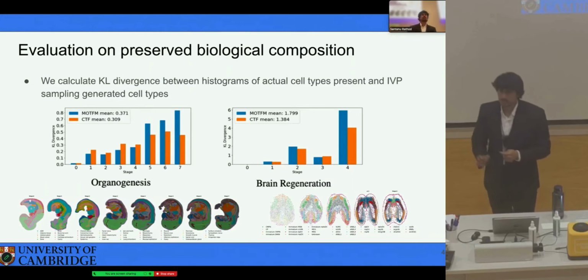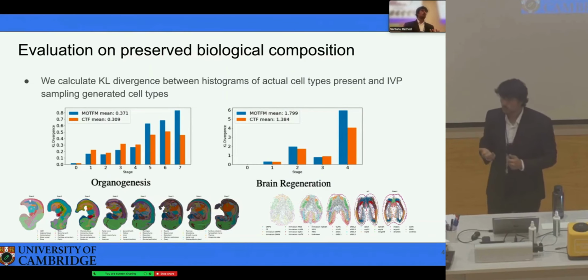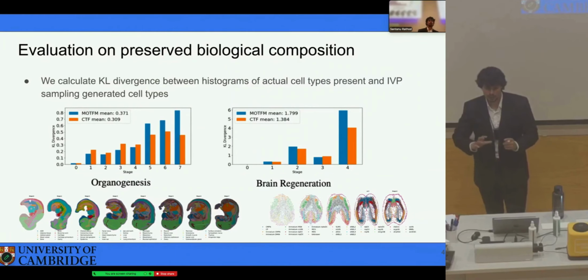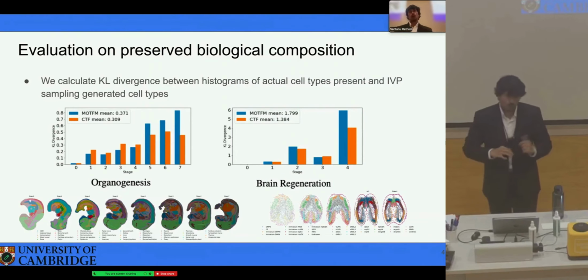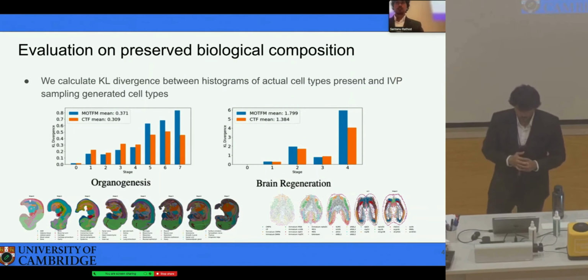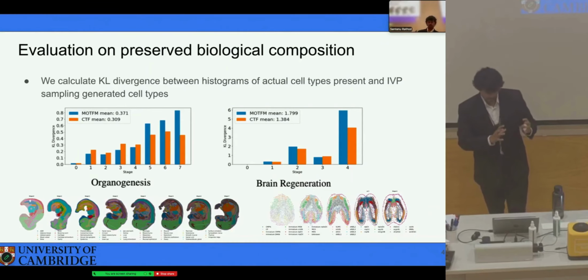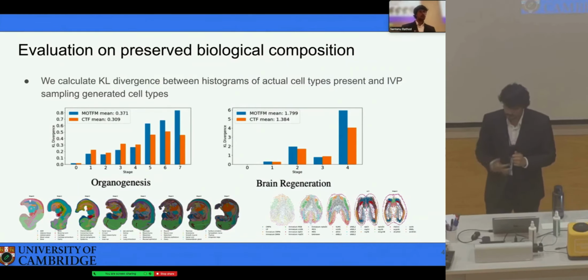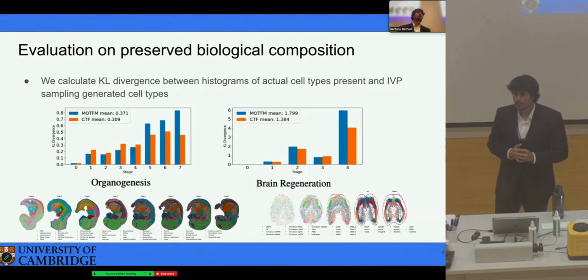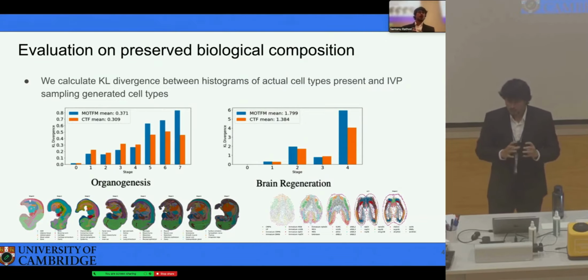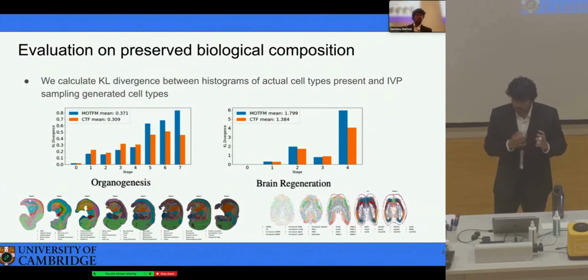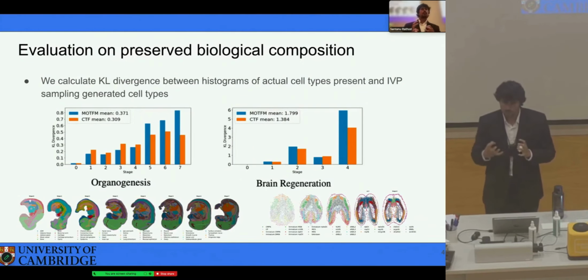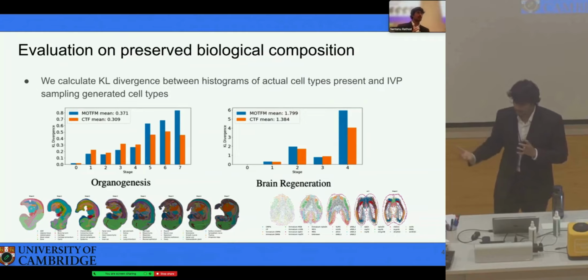And not only do we perform better on metrics, we also retain the biological composition over a period of time. What do I mean by that? Given that you start with the initial set of cells, those cells are going to transform into other cells as they evolve over a period of time. The point that we want to make is that over a period of time, we also preserve the biological composition of these cell types correctly.